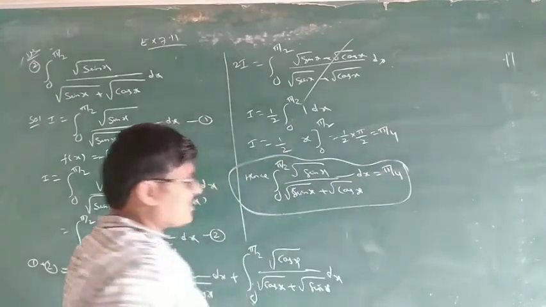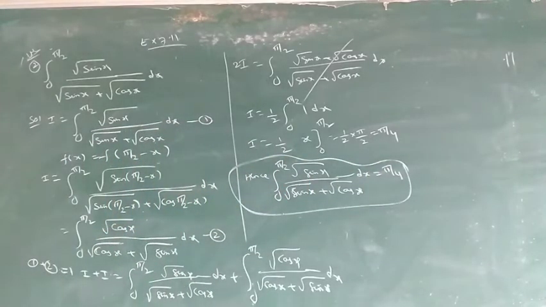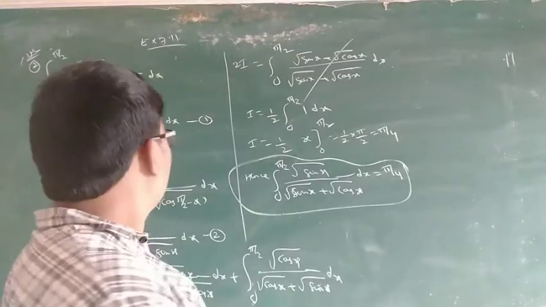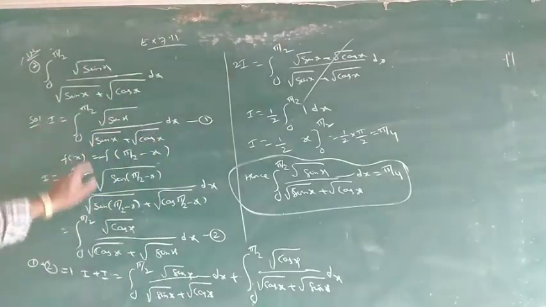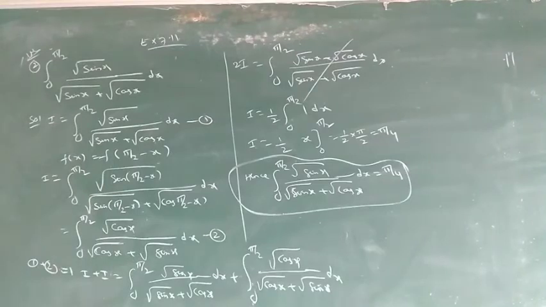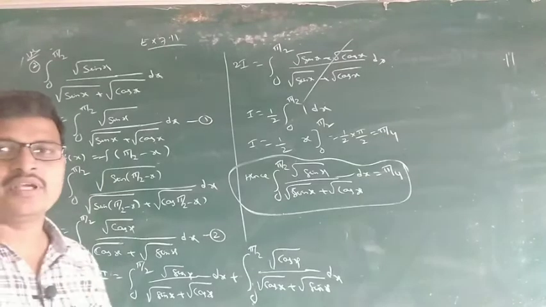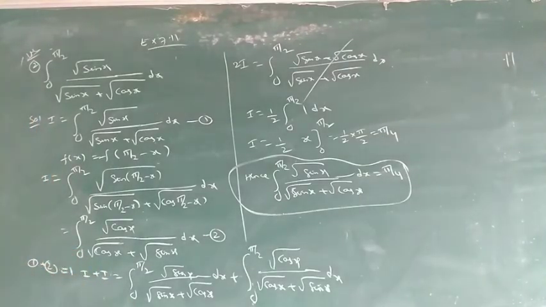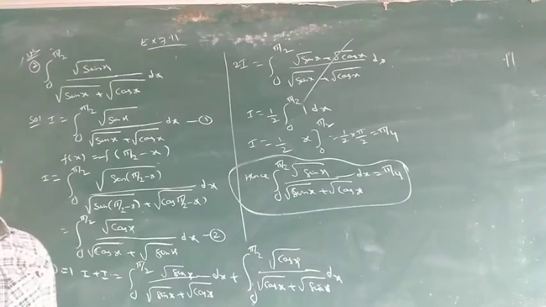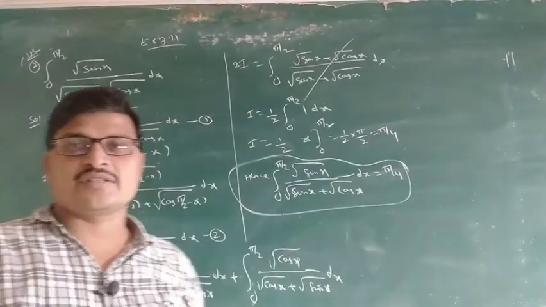First problem, second problem. In the exercise, third and fourth, all are the same procedure. First apply the 90 minus theta, then add and cancel. This is the procedure. For the given problem, by the property, integral 0 to a f of x dx is equal to integral 0 to a f of a minus x dx.